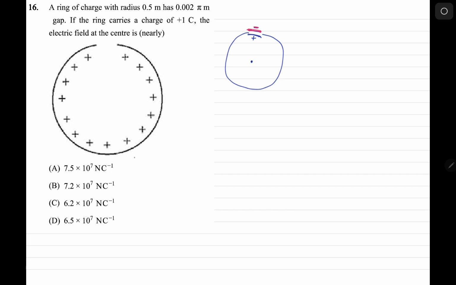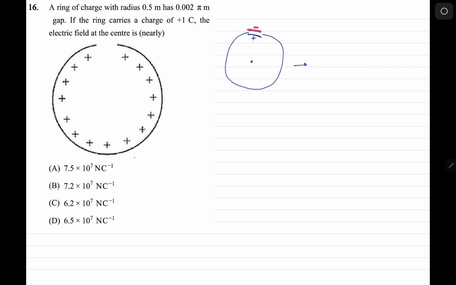Yes or no? Now the electric field due to the blue ring and the blue element is 0. Now we need to calculate the electric field due to the red element only. I'm getting my point here.